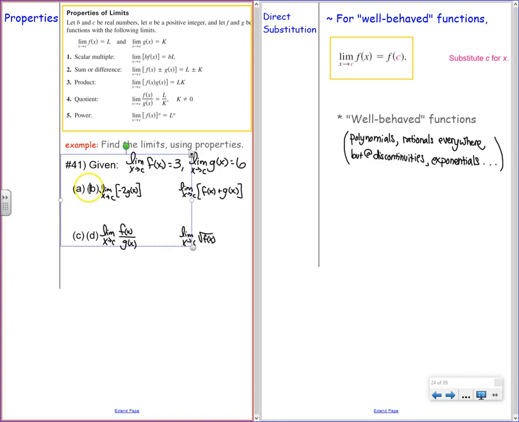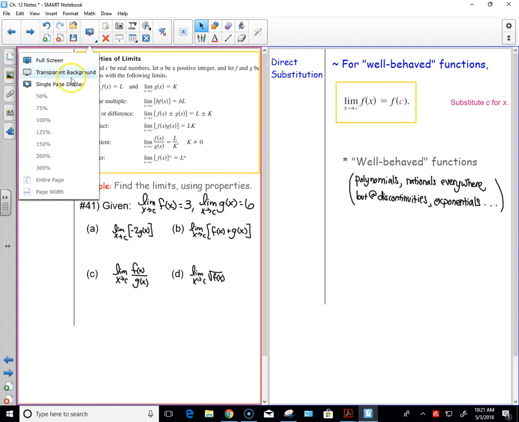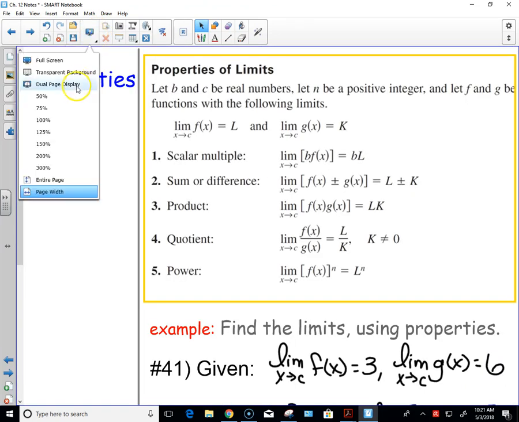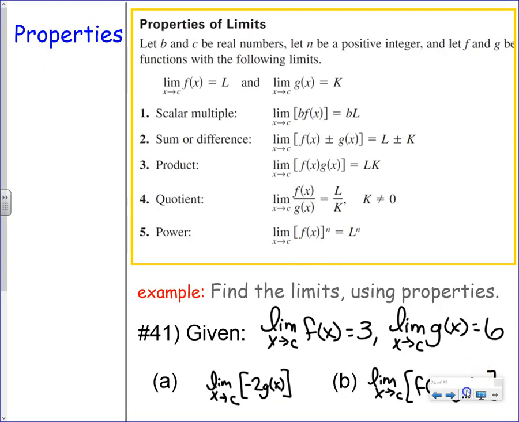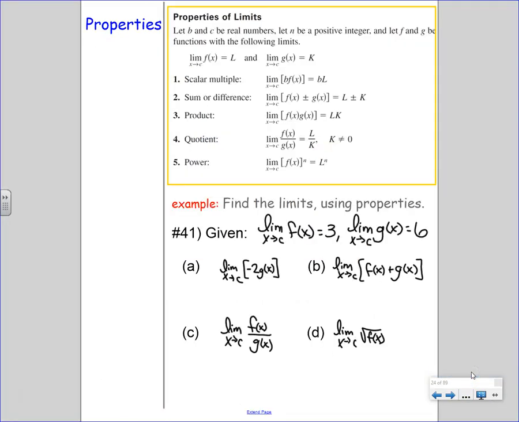The B is supposed to be way over here somewhere. Oh, properties are too small. It was worth a try. I'll zoom in. Is that better?